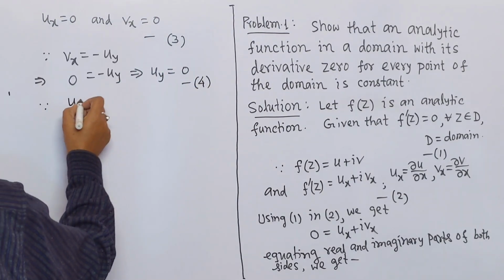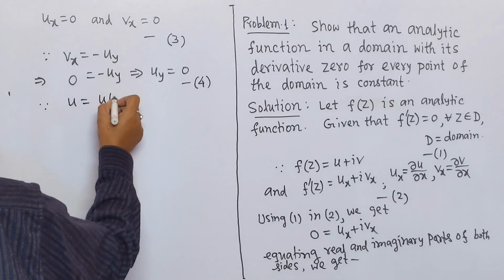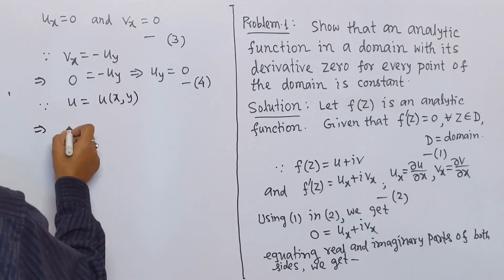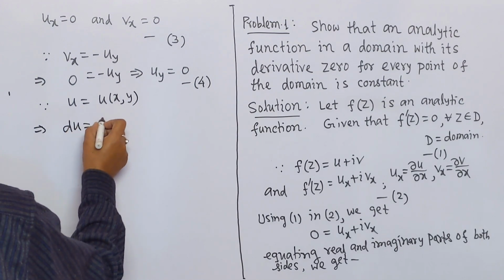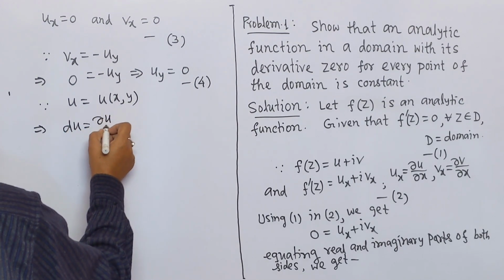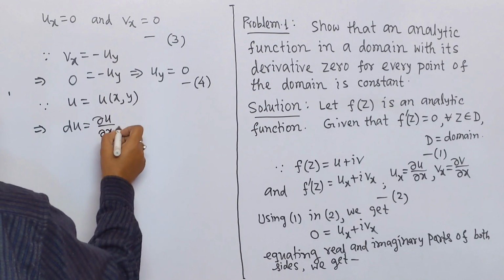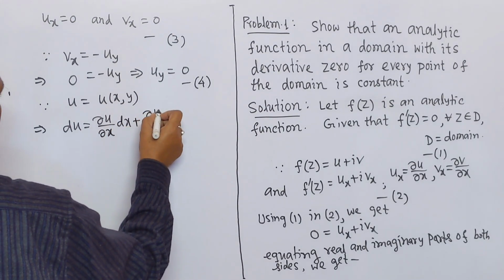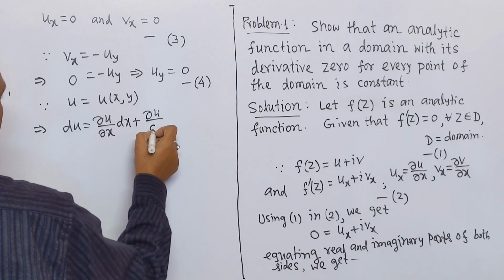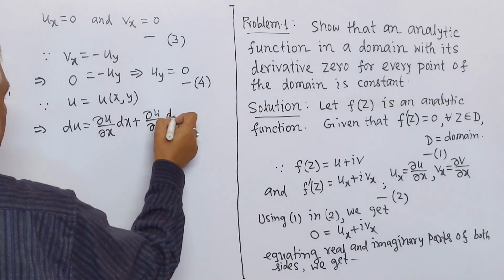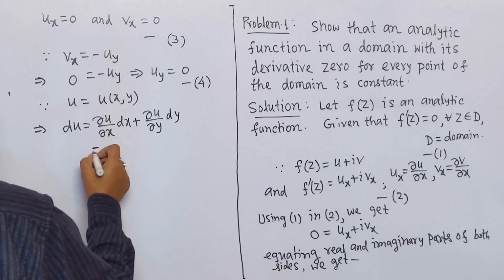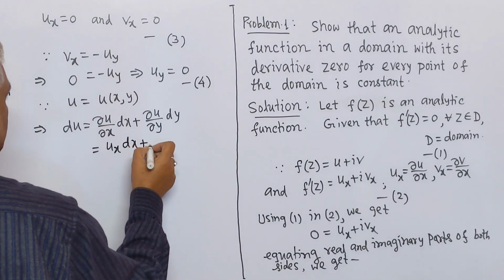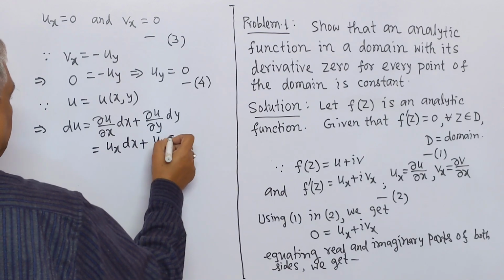Since u is a function of x, y, this implies that du equals the partial derivative of u with respect to x times dx plus the partial derivative of u with respect to y times dy, and this equals ux dx plus uy dy.